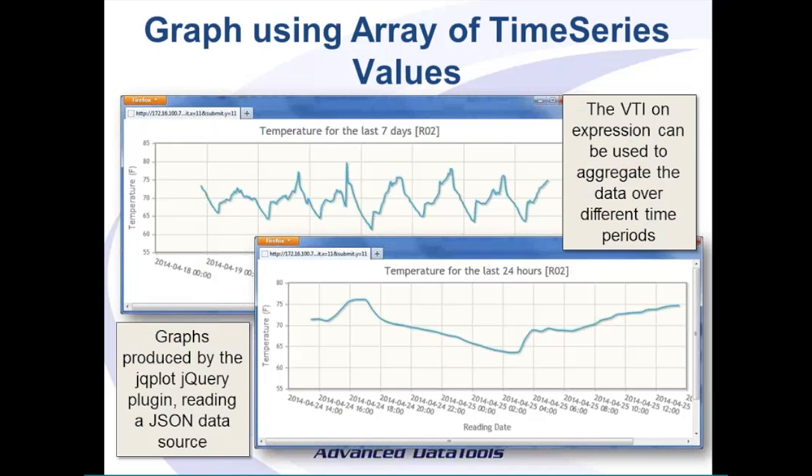I use those VTIs for the graphs over a longer period, like the last 30 days. I don't want to have to get data for every minute if I'm plotting a graph for 30 days. That's just too much data. So I'll get the average for every hour and pass that to the jQuery plugin.